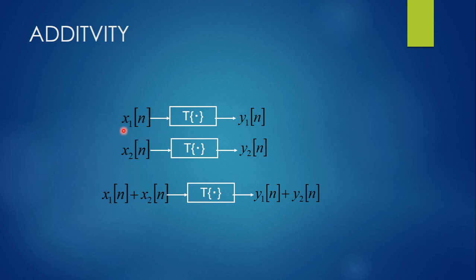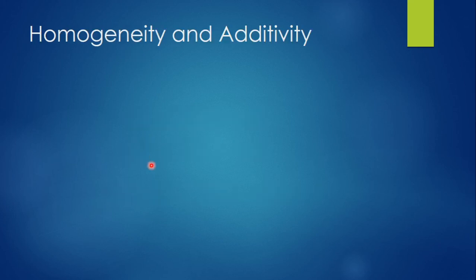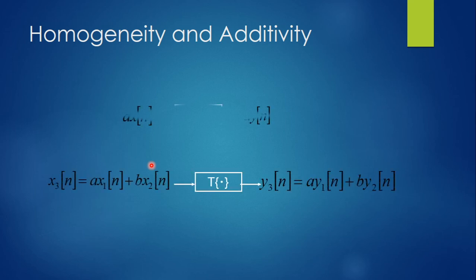So mathematically, if x1[n] is given, we get y1[n]. If x2[n] is given, we get y2[n]. If we give x1 plus x2[n] and we get y1[n] plus y2[n], then it is said to follow the property of additivity. This is the one condition. The second condition is that you multiply x[n] by a, and the output is multiplied by the same factor.